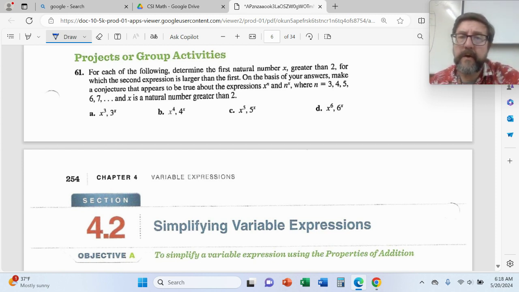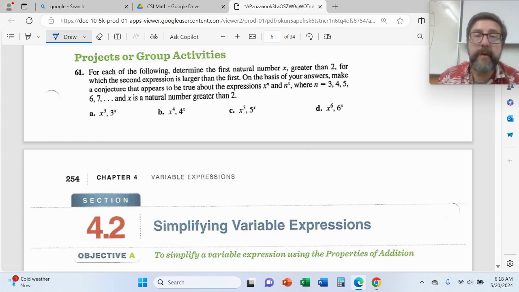On the basis of your answer, make a conjecture that appears to be true about the expression x to the power of n and n to the power of x when n equals 3, 4, 5, 6, 7, and so on. So, plug those in.